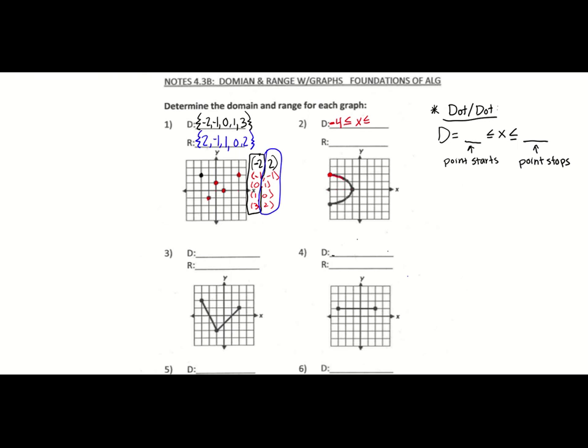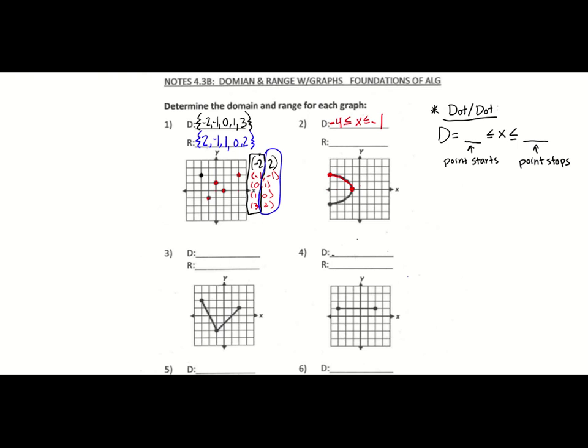So I see my line goes all the way down here, and this is where that point stops. So I have a 0. Sorry, not a 0. That's not the origin. Our point here is a -1. So that is our x, our domain, for our curve there.